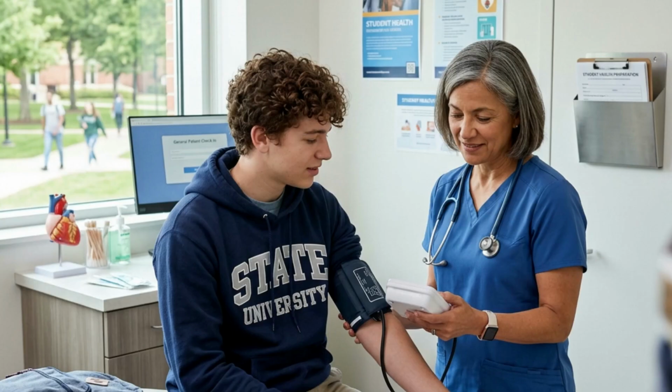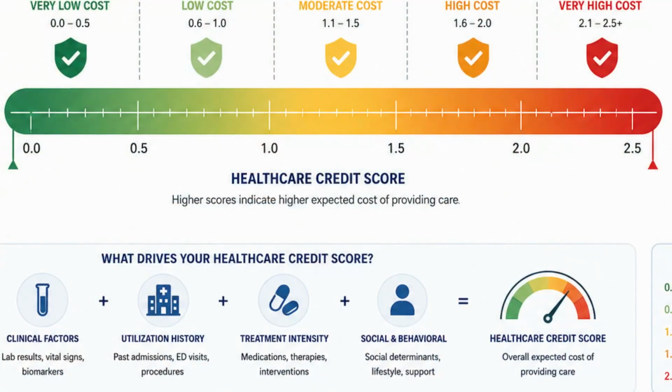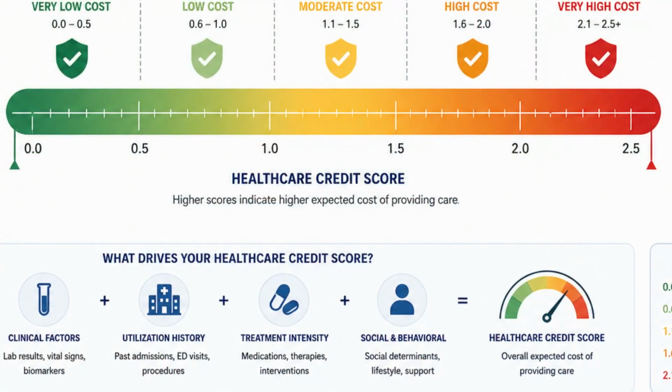For example, imagine an RAF score of 1.0 for an average baseline, indicating that a patient is expected to use an average amount of healthcare resources. There are no negative RAF scores. A young, perfectly healthy person who only sees the doctor for an annual checkup will have a score well below 1.0. Functioning like a credit score for a patient's health status.